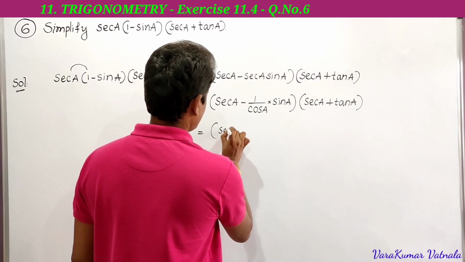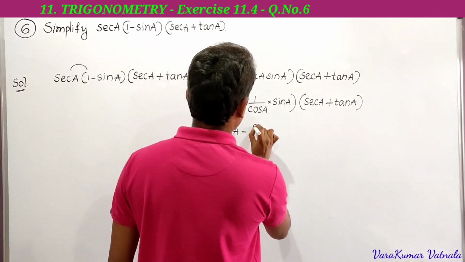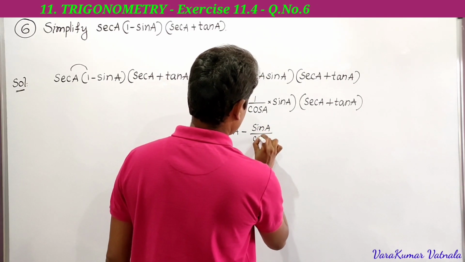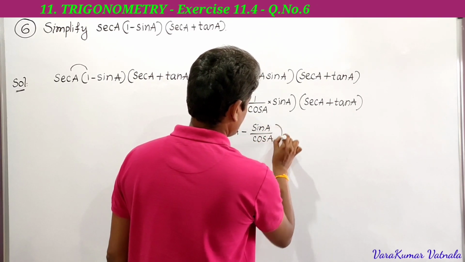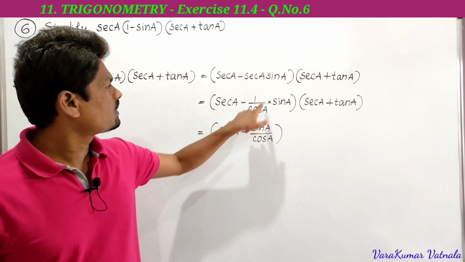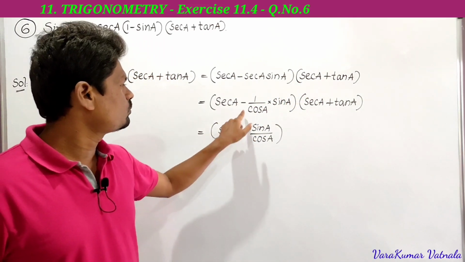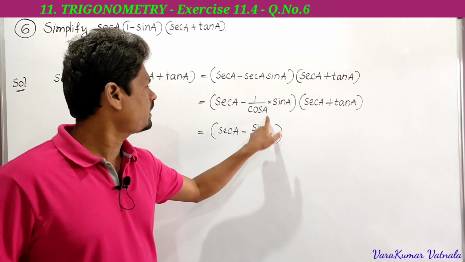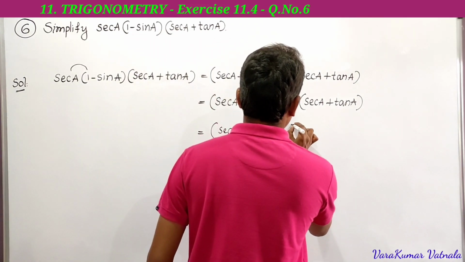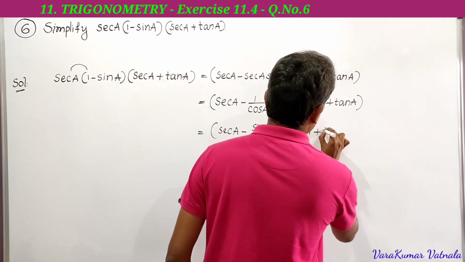Secant a becomes 1 into sin a by cos a. So I have written secant a is 1 by cos a into sin a. Write this term as usual: secant a, minus 1 into sin a by cos a, and write this as usual again: secant a plus tan a.